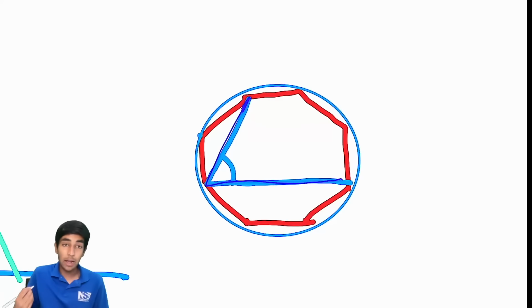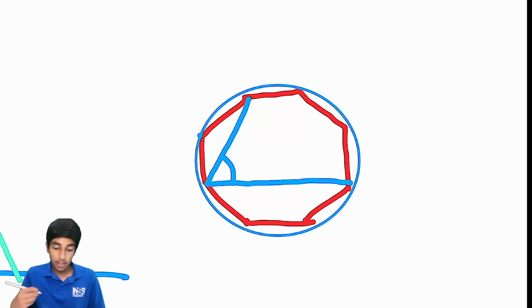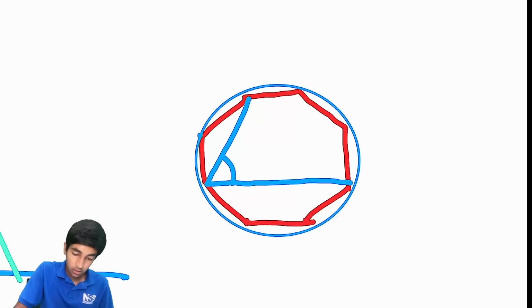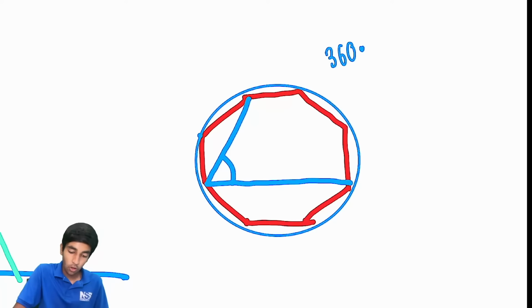This is just an inscribed angle in the circle. It's half of this arc. But now what is this arc? Well, to find that, there's 360 total degrees in the circle, and there's 3 parts of the 8 parts of an octagon here, right? Remember that thing we learned earlier?